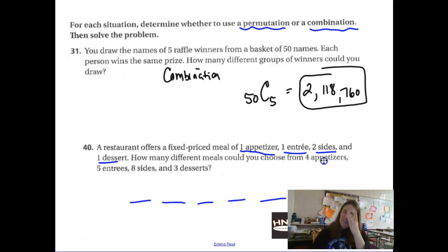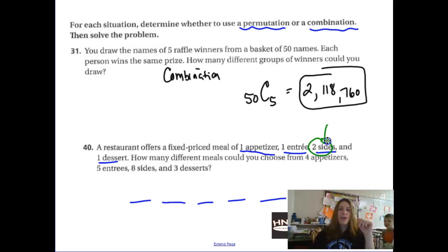This is kind of a weird question, because the 2 sides business actually complicates this a little more than I wanted it to be. So I'm not going to give you one that's complicated on the test. The 2 sides don't indicate that they have to be different. You could get 2 sides of broccoli.